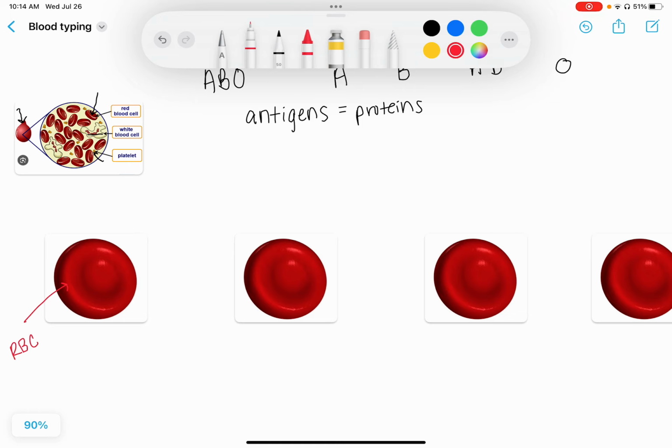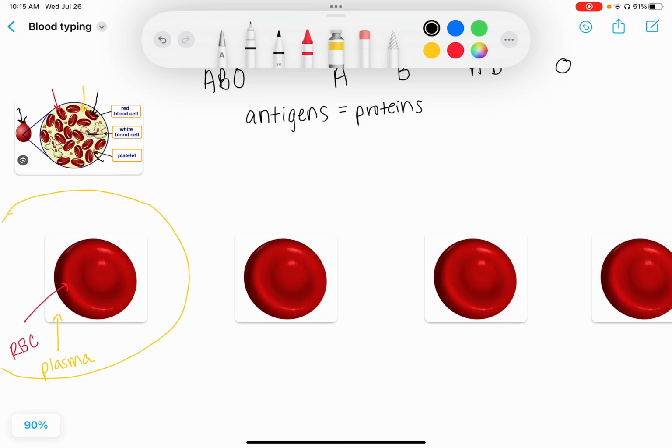Imagine all of the space around the red blood cell, and we could even make it larger. All of this space is the plasma. So that's just for context.